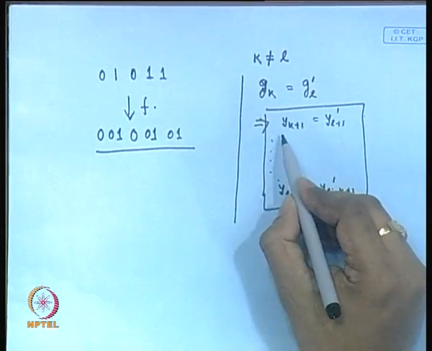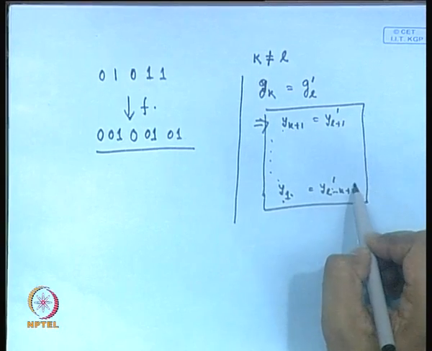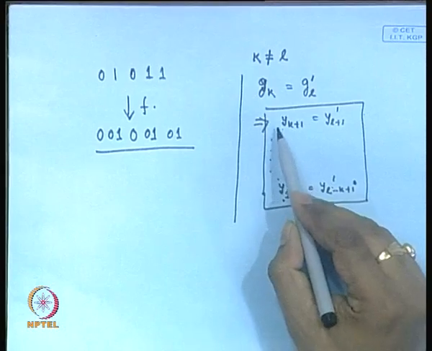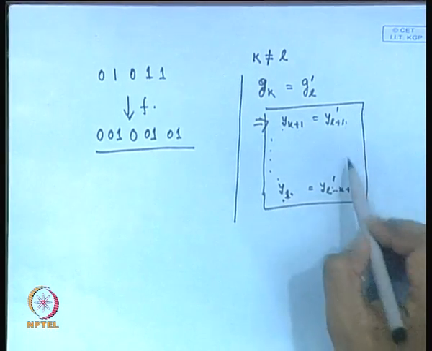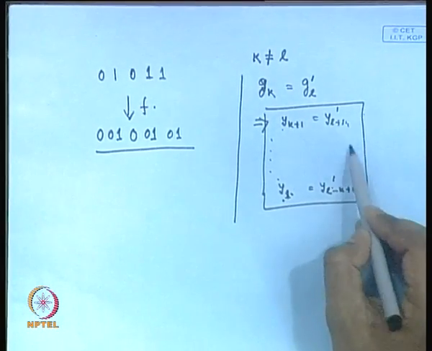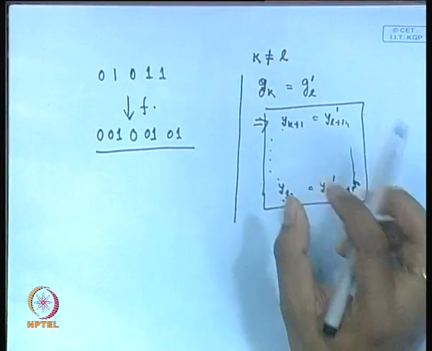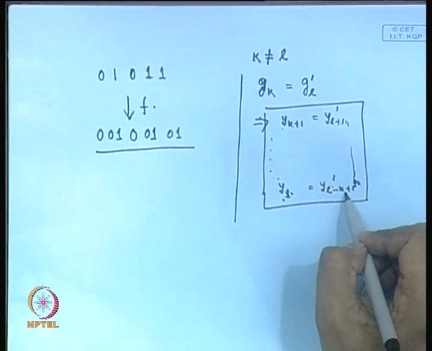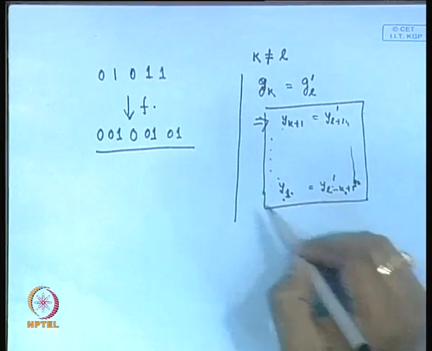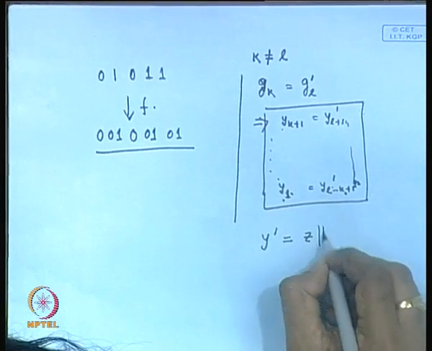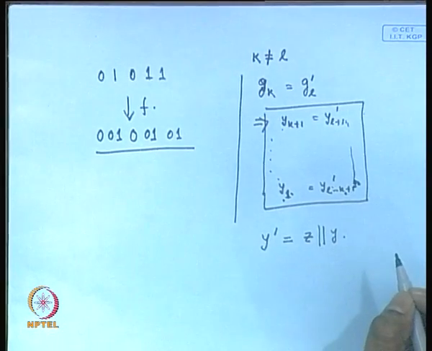You see that this is a shorter string and this is a bigger string for the y's. This is a y string in one case and this is a y string in the other case, and this forms the postfix part of the bigger string. So if you consider y dash, you can write y dash as some z followed by a y string.